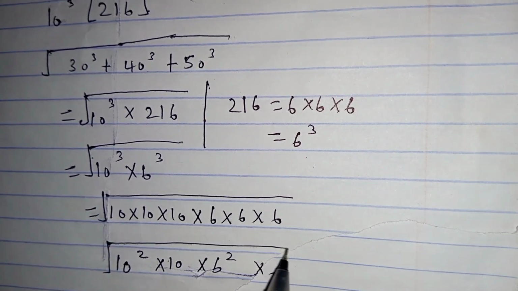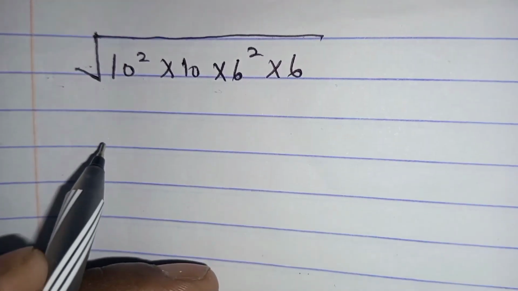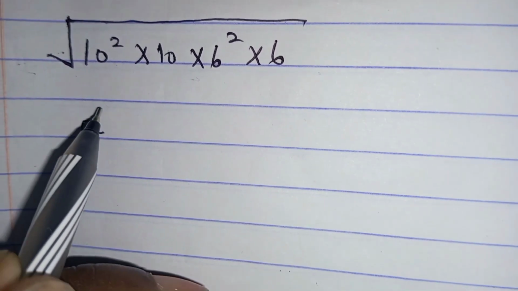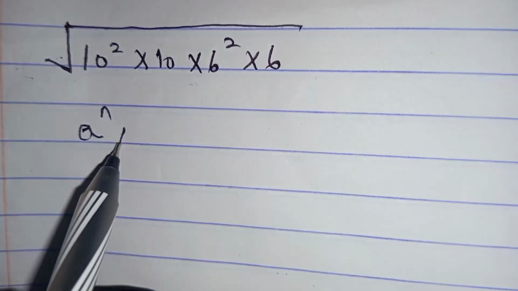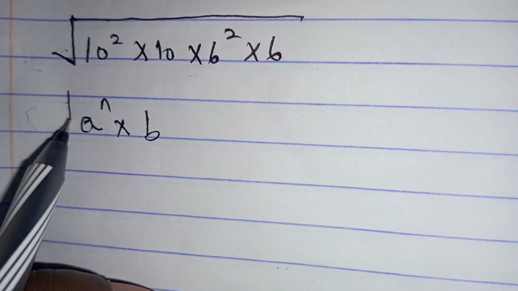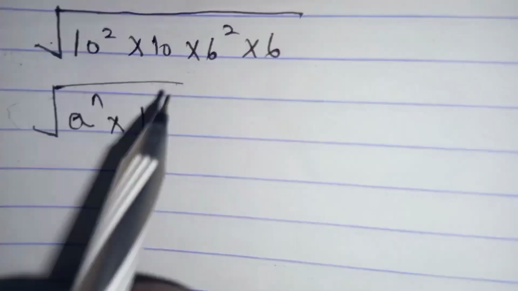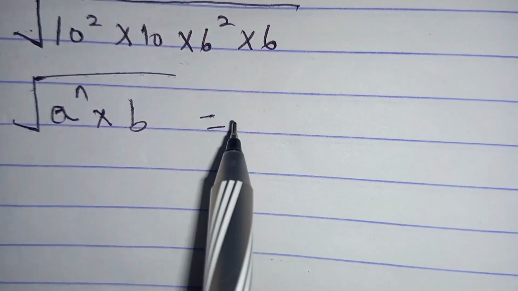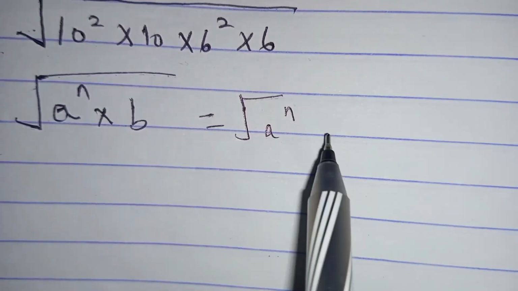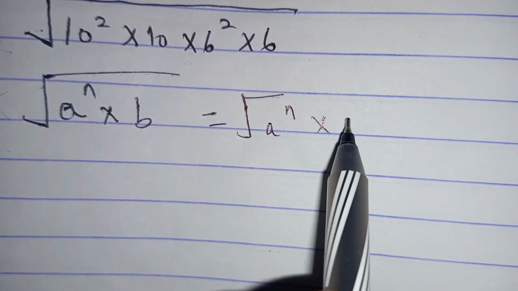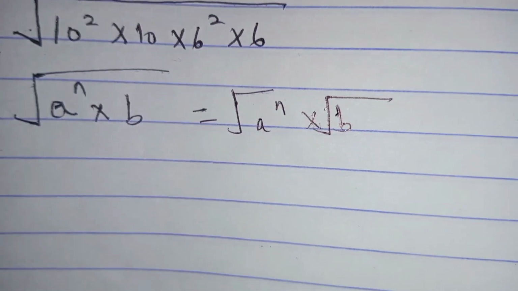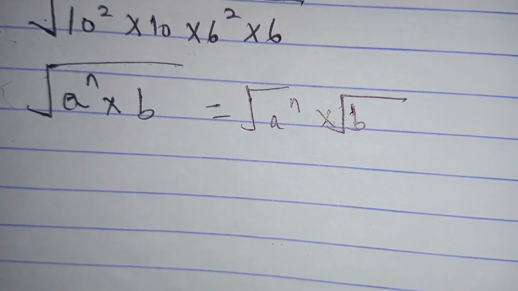Everything square root. From here, we make use of this identity. If you have a to the power n multiplied by b, everything square root, you can separate the square root, whereby you take the square root of a to the power n multiplied by the square root of b. That is what we are going to make use of here.